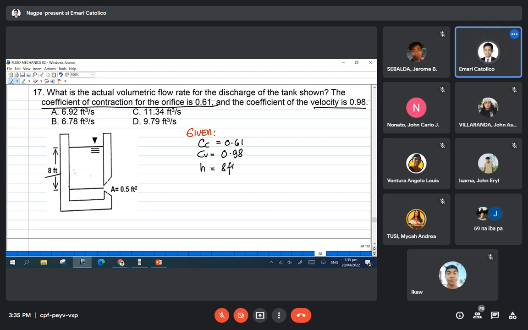Yan, 8 feet. Then, meron tayong area ideal of 0.5 feet squared. What is the actual volumetric flow rate? So, Q prime ang hinahanap. Okay?